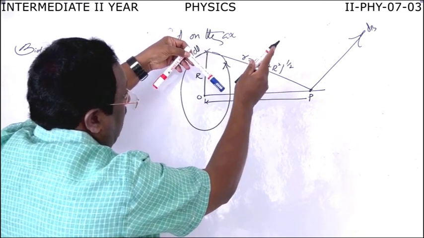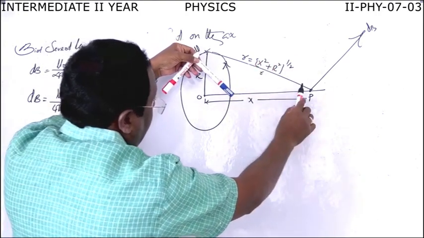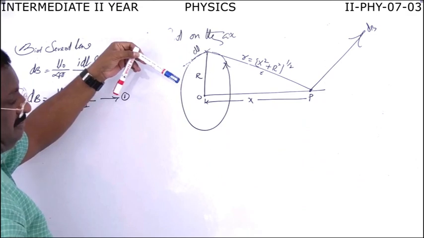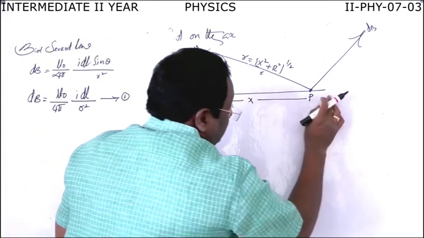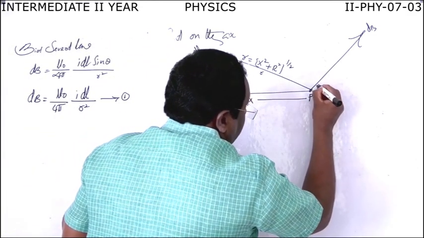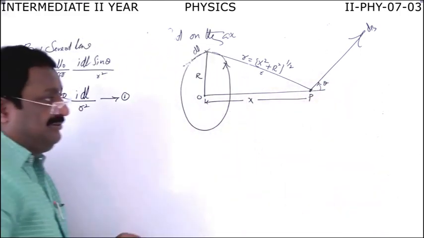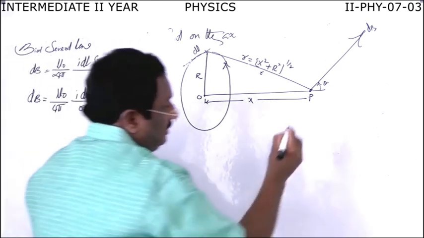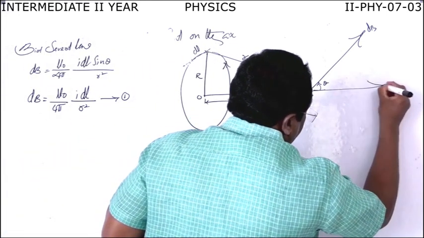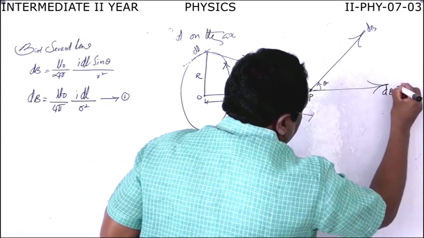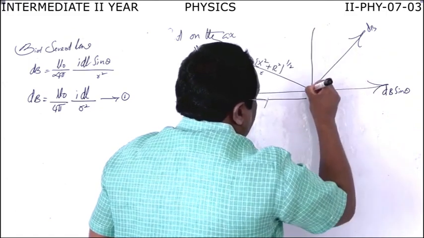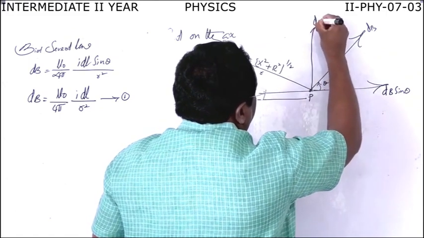The direction of the magnetic field makes a 90 degree angle with the position vector, but along the axis of the coil, it makes angle theta. Then this magnetic field is resolved into two components: horizontal component dB sin theta, and vertical component dB cos theta.